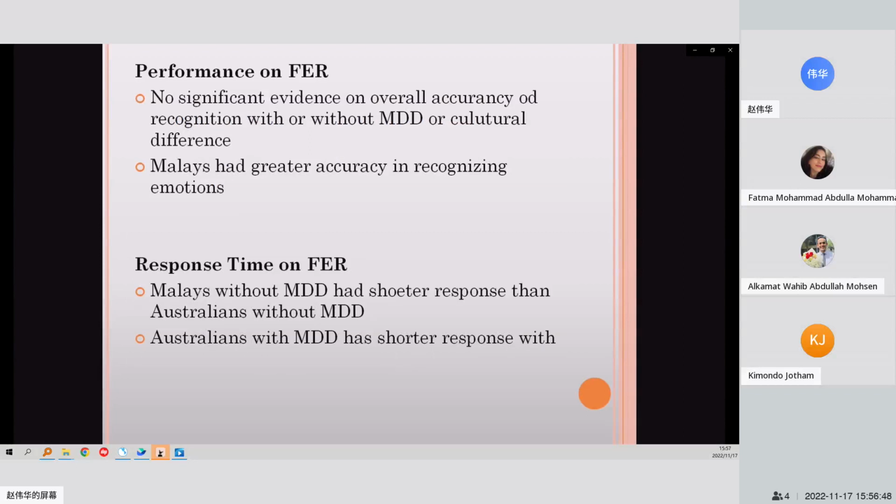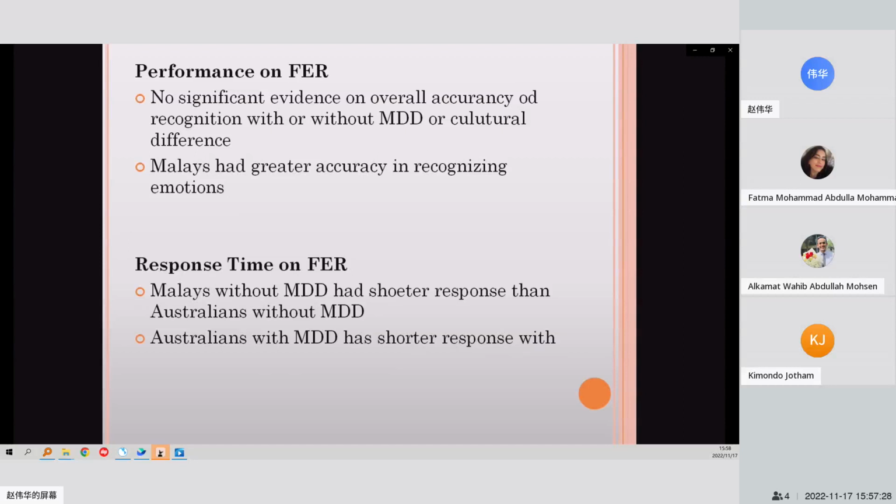Let me explain the performance on FER. No significant evidence on overall accuracy of recognition with or without MDD, or with cultural difference, was shown. Malaysians had greater accuracy in recognizing emotion actually, and response time on FER. The time that the Malays took was actually shorter.